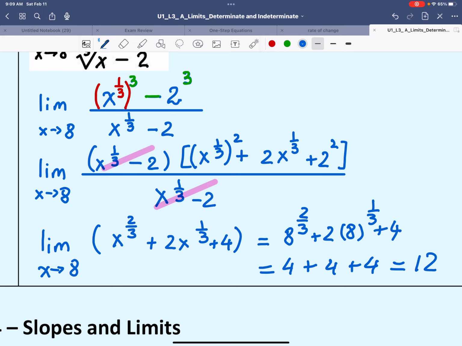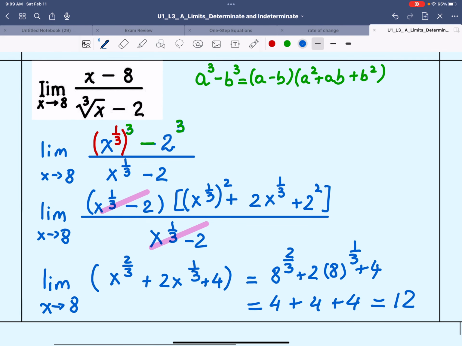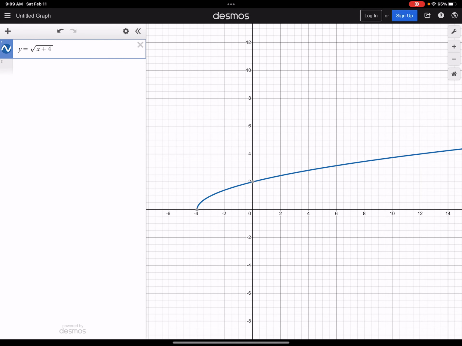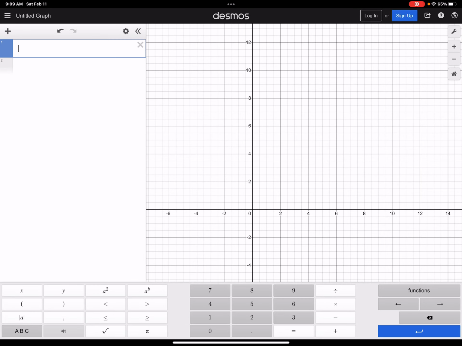And again, if you want to check your answer with Desmos, just simply try to graph this function on Desmos and check and see what the value of it would be around 8. So why don't we do this together now? So we have y equals, so the numerator had x minus 8, and the denominator has divided by, so we have x to the power of, we said 1 over 3.